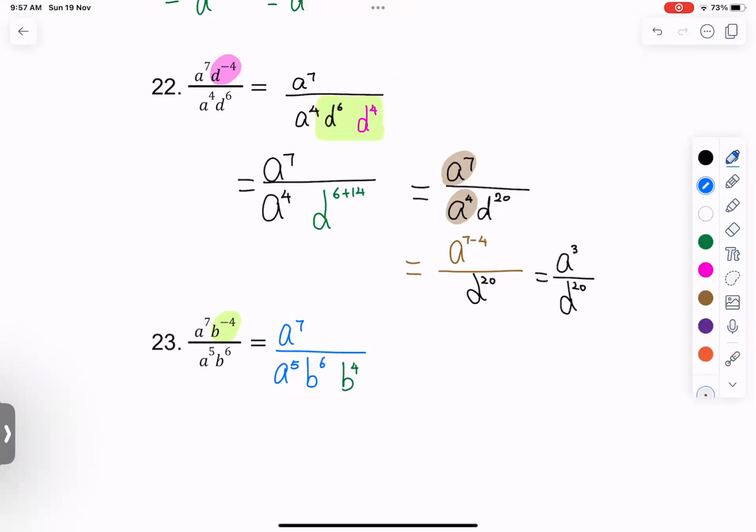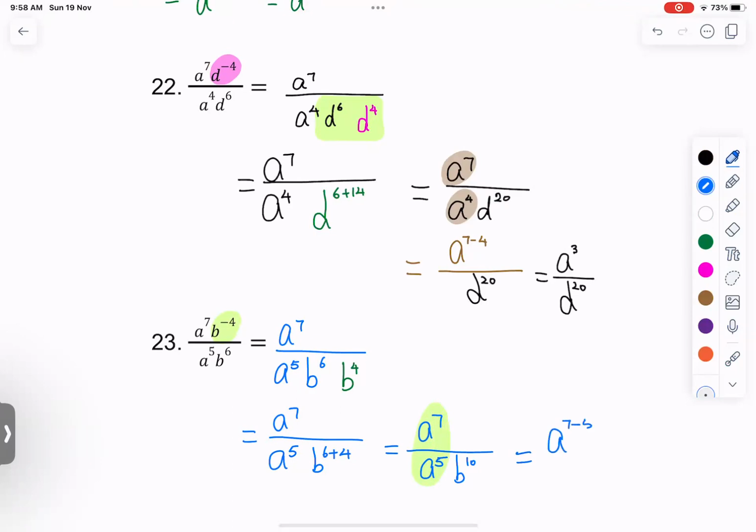You deal with that first. 6 plus 4, 10. And then the A's. Which one is bigger? The upper one. So 7 minus 5, which is 2.